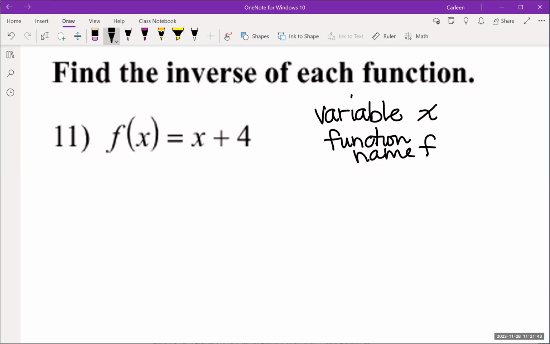So the inverse of f is written like this. Now, this is a one-step problem. If it's a one-step problem, we're not going to do the whole long procedure because I want you to know what it means.